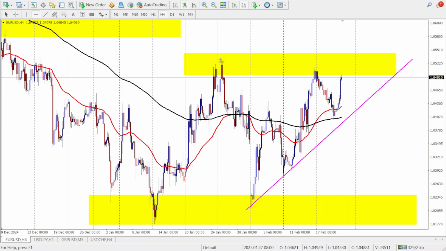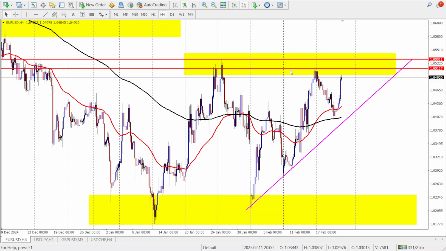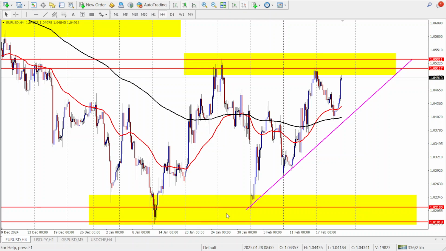At this particular time, this was where the reversal happened, right? At this particular time, this was where the reversal happened. But it doesn't mean that there are two different resistance zones. This is a resistance zone. Okay, it's just that the price could reverse at any point within the zone. Same with this: this is a support zone, but you can see that we had two different points of reversal.